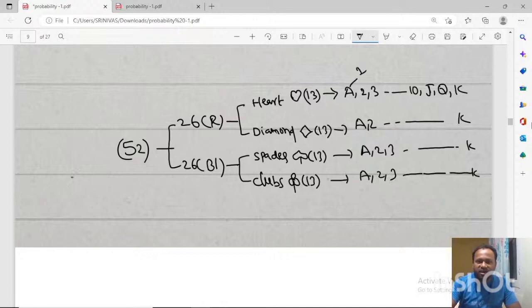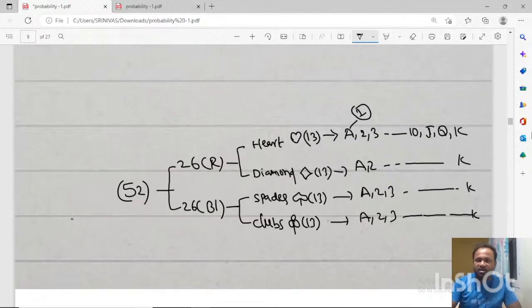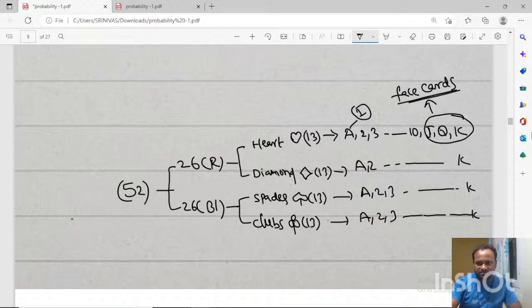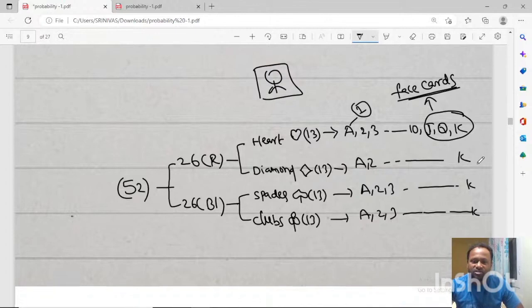Ace means number 1. Total 13. 10, 11, 12, 13. And these 3 cards are called face cards, because those cards have a particular face. Yes, face cards. Now let us see our question.